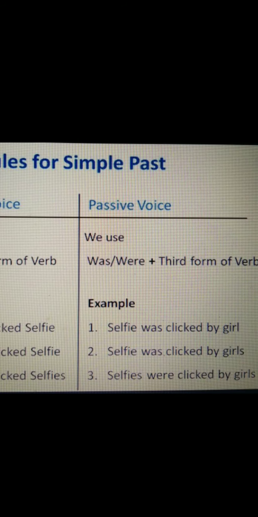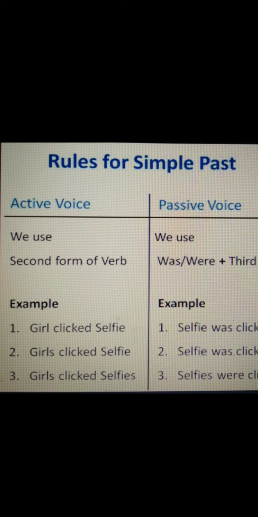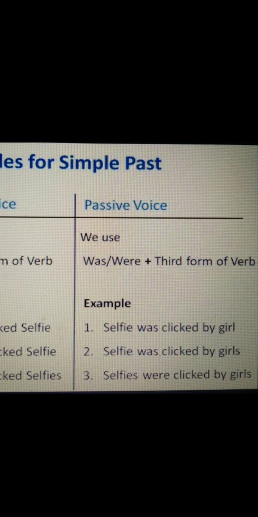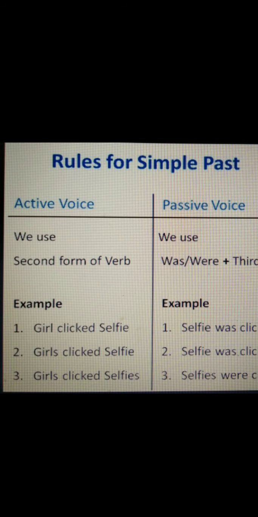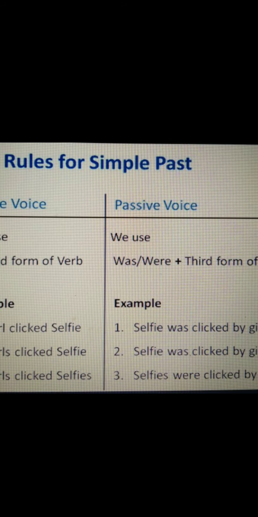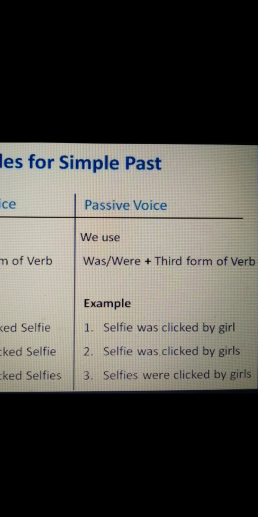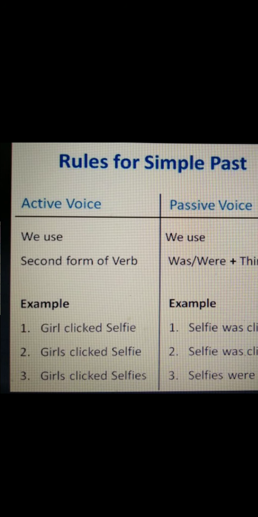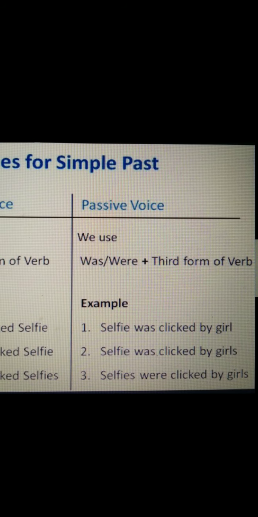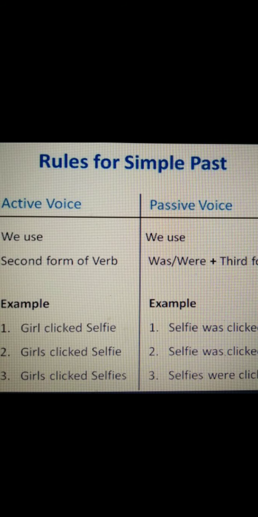Then past participle, this is called third form of verb, then by and girls, that was the subject in active voice, and in passive voice will become object. Now the difference: girls clicked selfies.